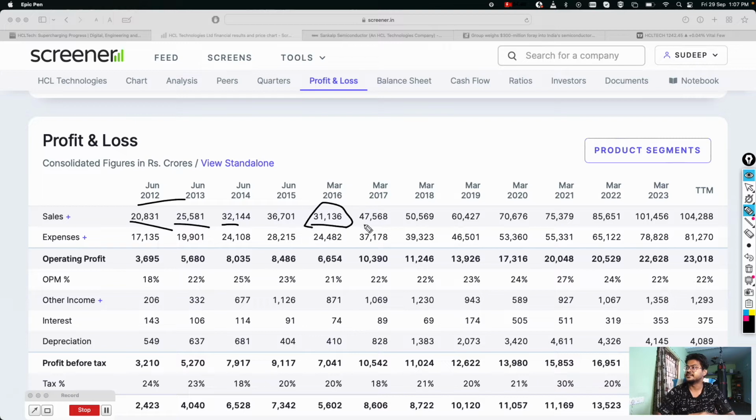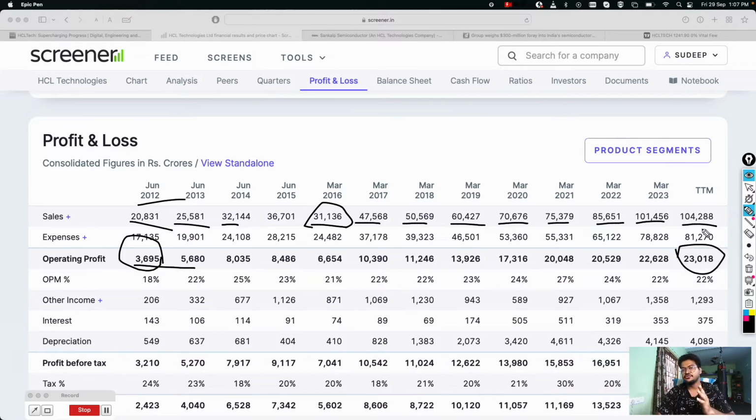Here it dropped slightly, then 47, 50, 60, 70, 75, 85, 101, 104. So we see consistent growth from the beginning, except for just one year where it dropped slightly. Now coming to operating profit, that has also increased over the years. Here you can see it was 3,695 and now it is 23,000.